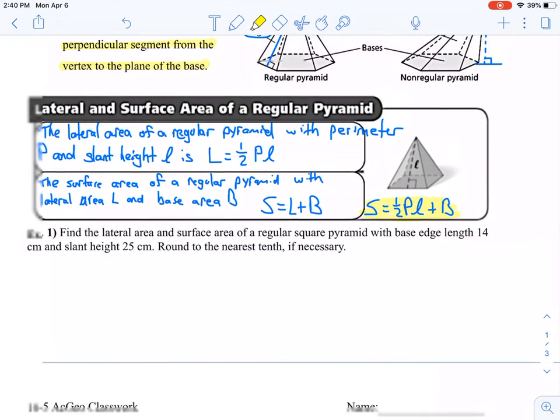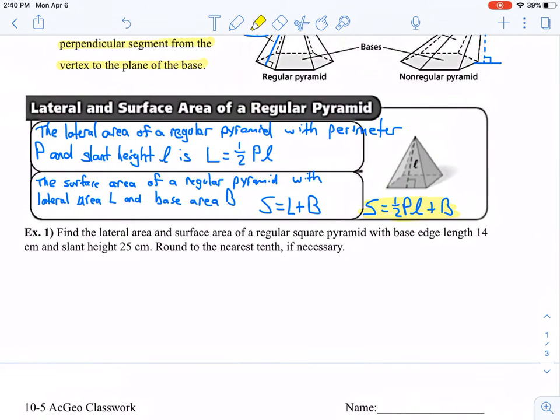So if we look at the first example, it says find the lateral area and the surface area for a pyramid that has a base edge of 14 centimeters and a slant height of 25 centimeters. So the first thing we'll do is we'll find lateral area. The lateral area is going to be equal to, according to my formula up here, 1/2 times the perimeter. Well, it's a square pyramid, and each edge is 14.